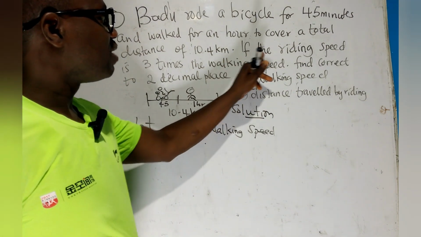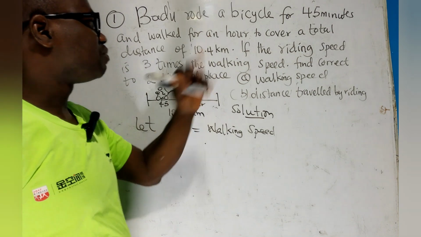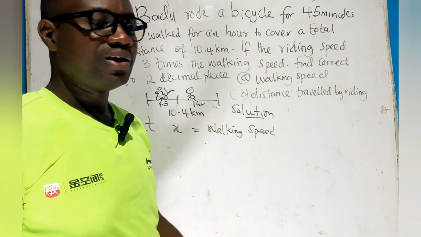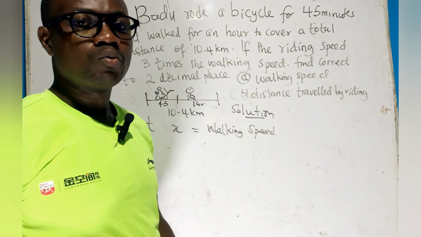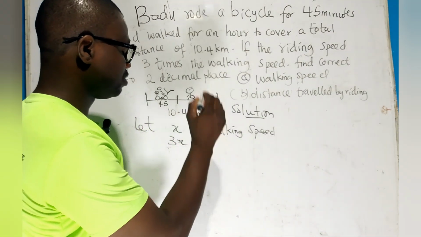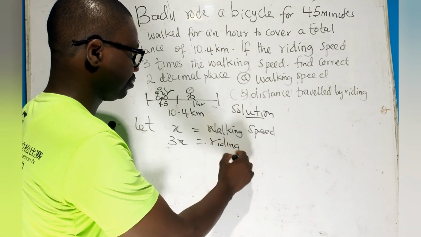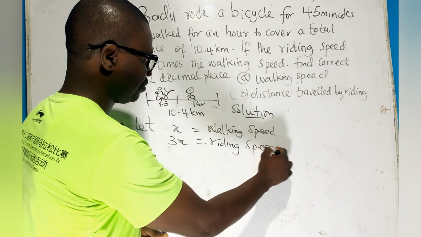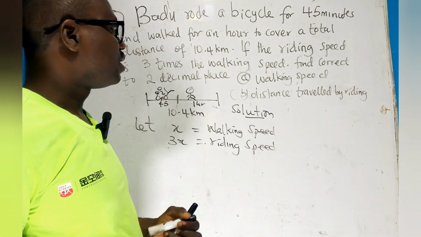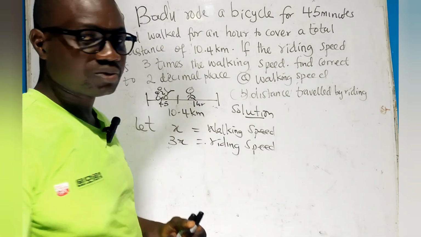It says that if the riding speed is 3 times the walking speed, then 3 times the walking speed will be the riding speed. So 3x is equal to riding speed. Now from here, you can find out the distance covered with respect to time.